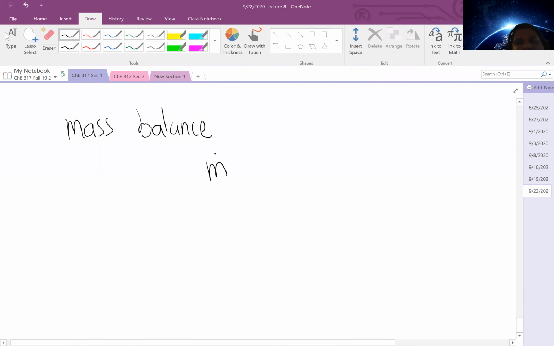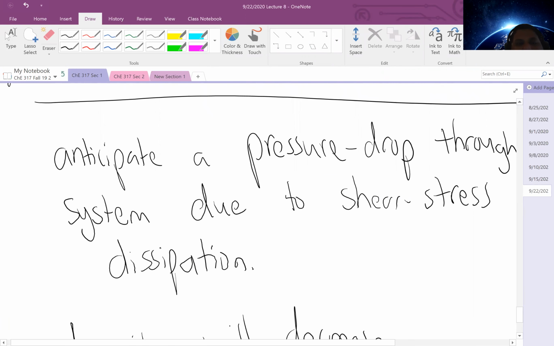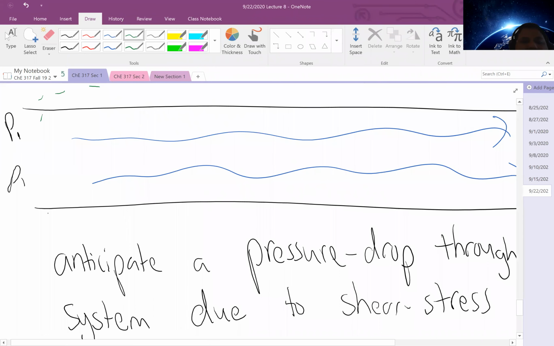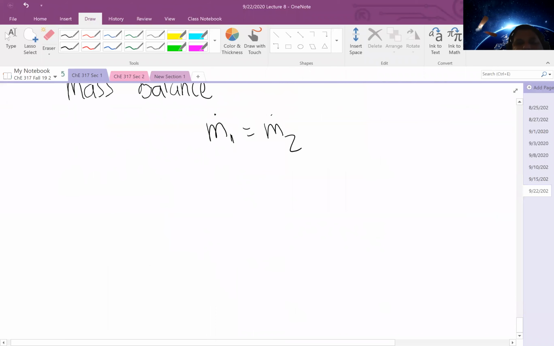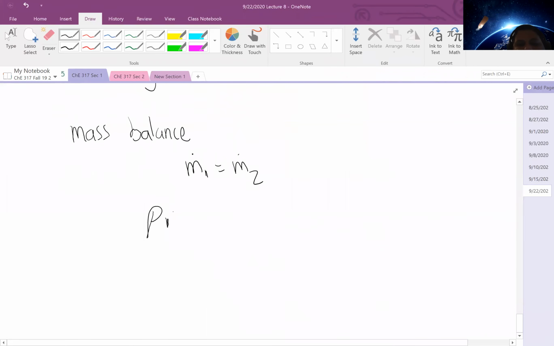Well, from our mass balance, we know that M1 is equal to M2. If I look at a simple flow through a pipe system, where this is kind of my system box. And with that, I can expand and say, well, rho 1, U1, A1 equals rho 2, U2, A2.